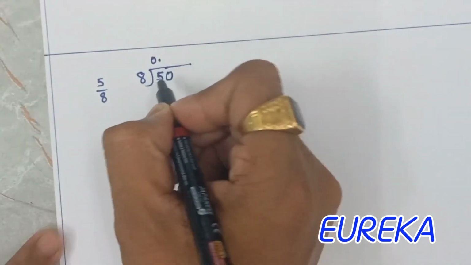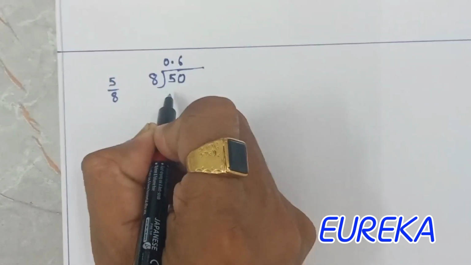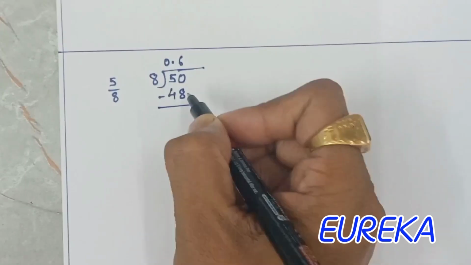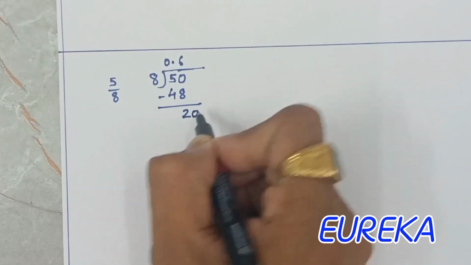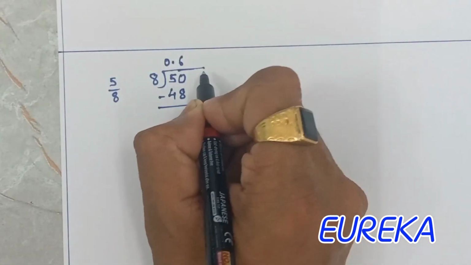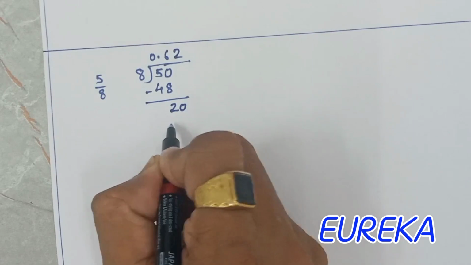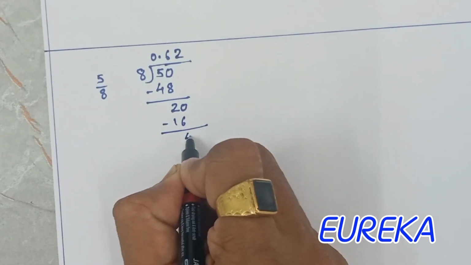Clear? And we know 6 8s are 48, so we'll get here 48, subtract: 50 minus 48 is 2. Again if I write here 0, I'll get here 8 2s are 16, so if I write here 2, I'll get here 16, minus: 20 minus 16 is 4.